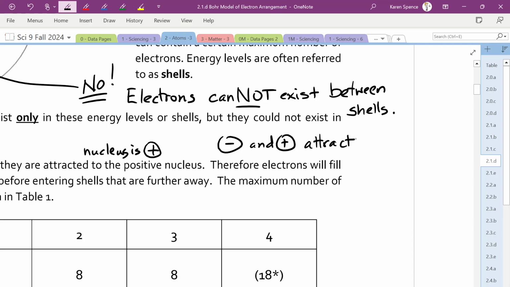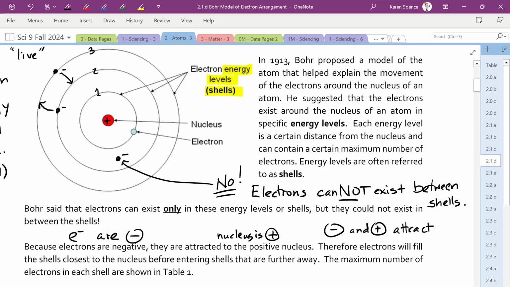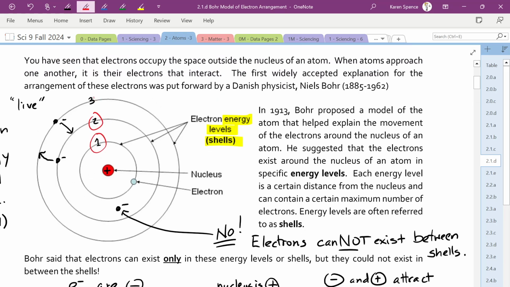So if you were an electron and you had a choice between living on shell number 1, shell number 2, or shell number 3, where would you like to live?